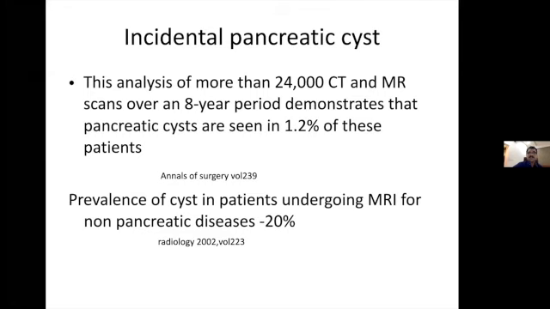This is about 24,000 CT scans and MR scans over an 8-year period. They have reported an incidence of 1.2% of pancreatic incidental cysts. The prevalence of cysts in patients undergoing MRI is very high because it has a higher sensitivity than CT for detecting smaller lesions.